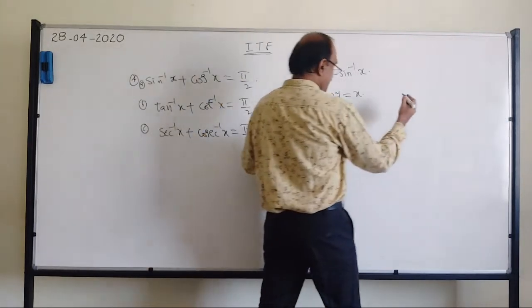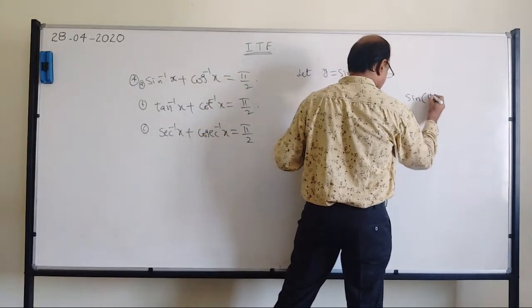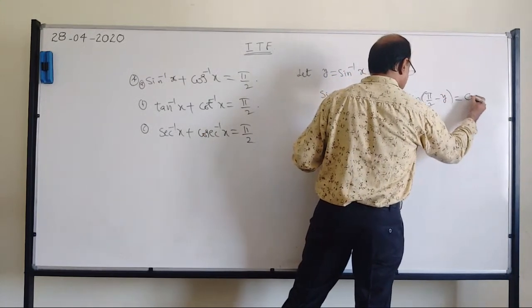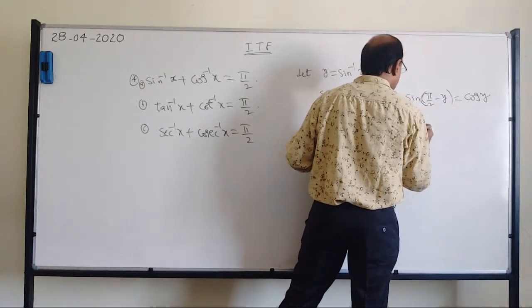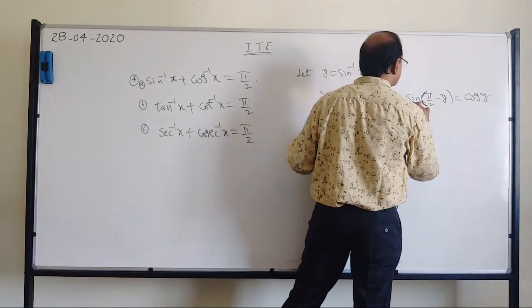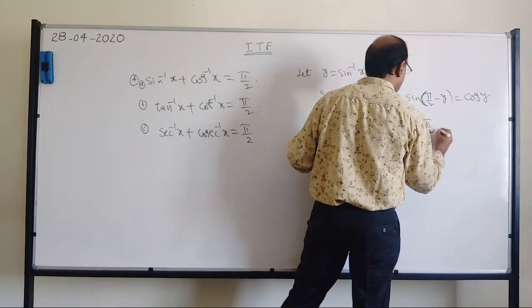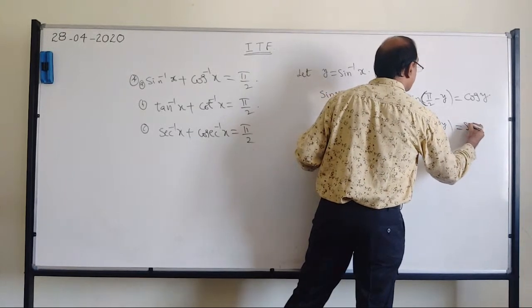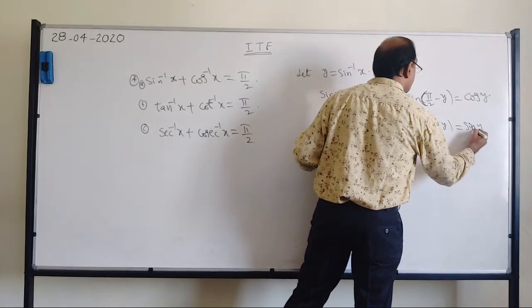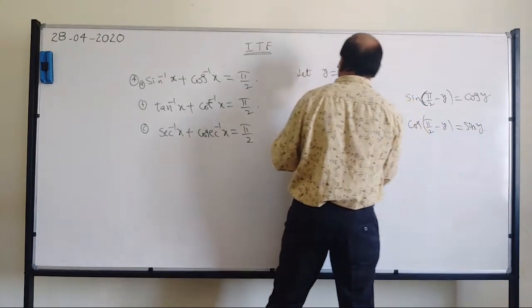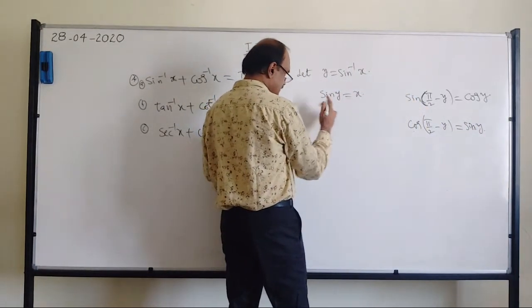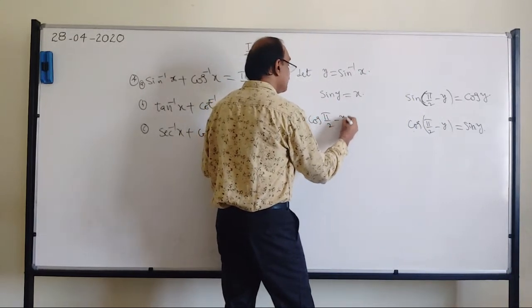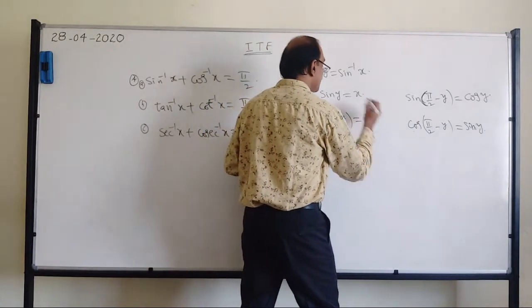Whenever pi by 2 is there, you have to change the name. Cos of pi by 2 minus y is sin y. So sin y can be written as cos of pi by 2 minus y. I am sorry, it is not sin pi by 2 minus y. It is cos pi by 2 minus y is equal to x.